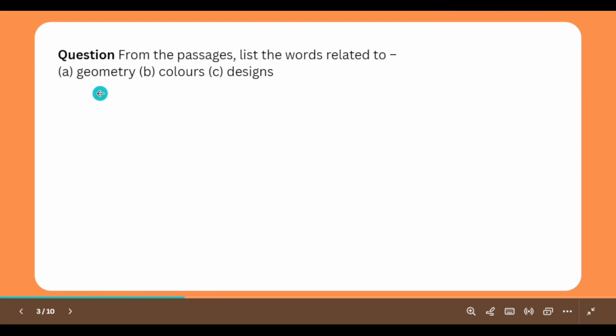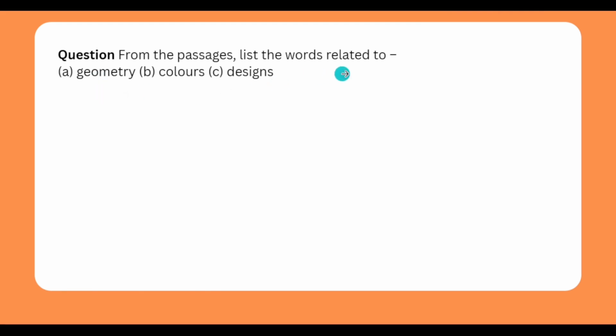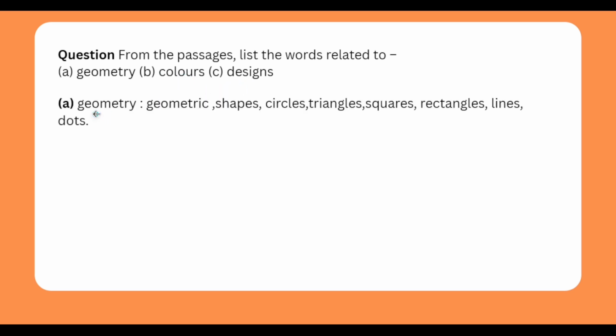Question: from the passages, list the words related to geometry, colors, designs. So the words related to geometry are geometric, shapes, circles, triangles, squares, rectangles, lines, dots.